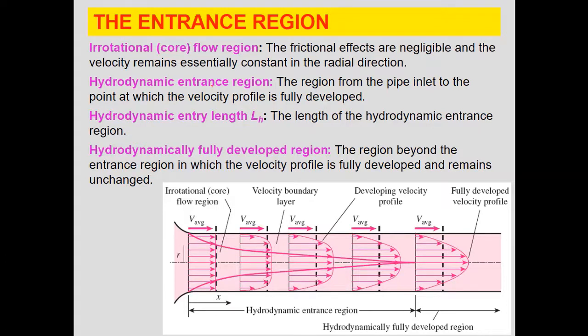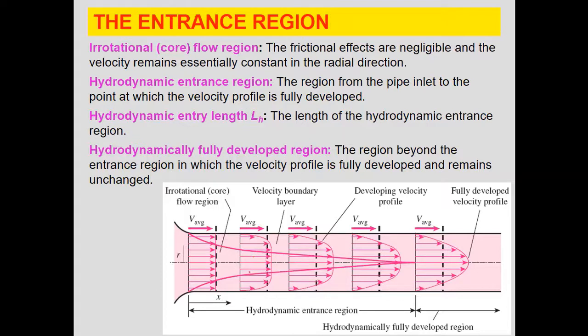Then hydrodynamic entrance region, the region from the pipe inlet to the point at which the velocity profile is fully developed. This part, from the entrance to this part, when the velocity is fully developed. After this hydrodynamic entrance region, the velocity profile doesn't change. From this point, the profile of the velocity will be like this.